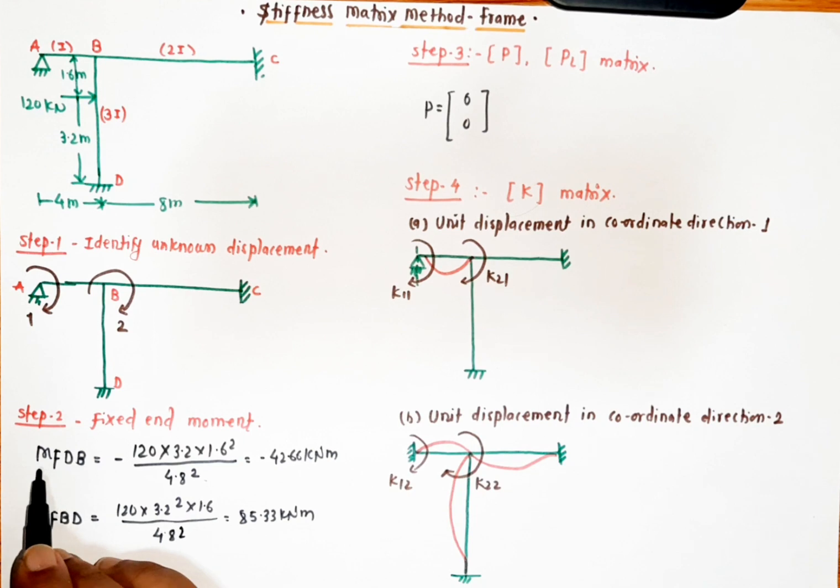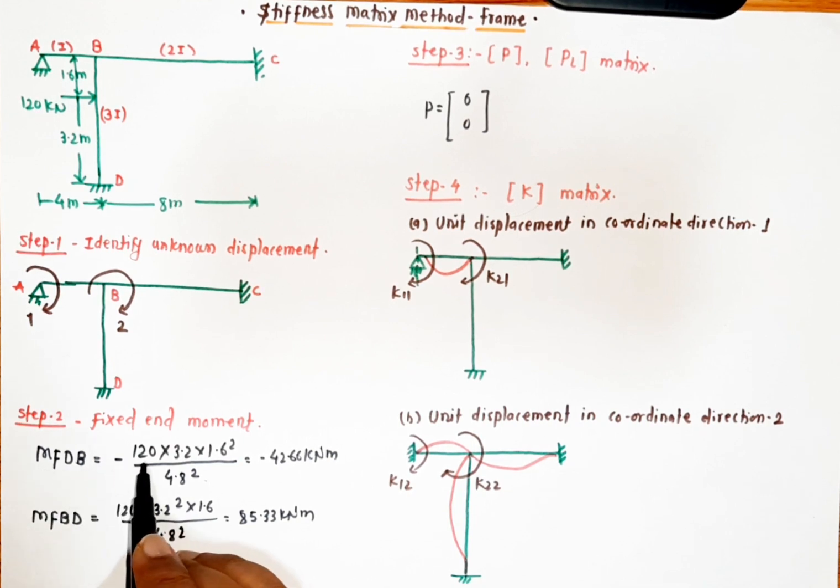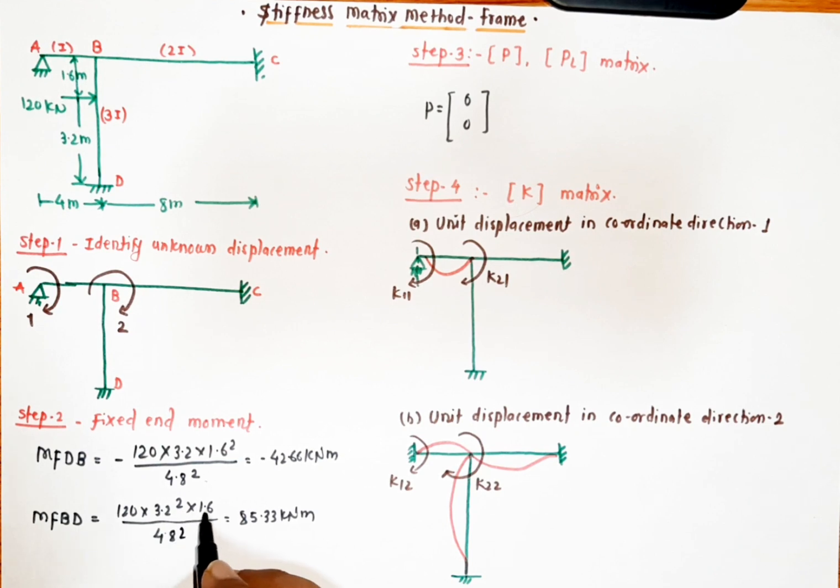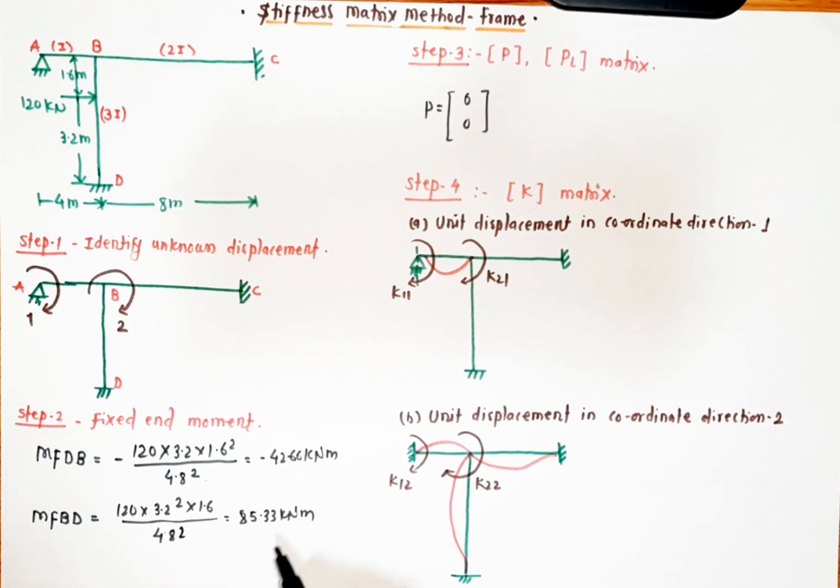So ultimately MFDB is equal to minus 120 into 3.2 into 1.6 squared divided by 4.8 squared, which is minus 42.66 kilonewton meter, and MFBD is equal to 120 into 3.2 squared into 1.6 divided by 4.8 squared, that is nothing but 85.33 kilonewton meter.